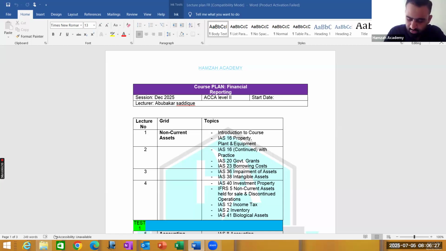So, without any further delay, dear students, the paper we are going to study, as you know, is financial reporting. Financial reporting is the paper.